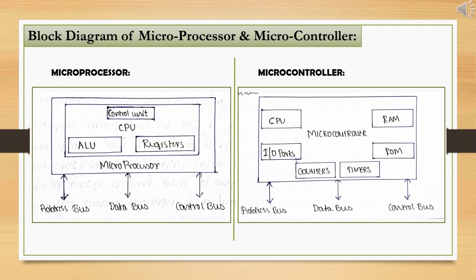In the microcontroller block diagram, you have the CPU along with input ports, RAM and ROM. We know that an IC consists of active and passive components that are transistors, capacitors, resistors, inductors, etc. All these things are integrated on a silicon chip, which makes an IC. Okay, guys, this is the difference between microprocessor and microcontroller. Now let us move towards the Arduino.